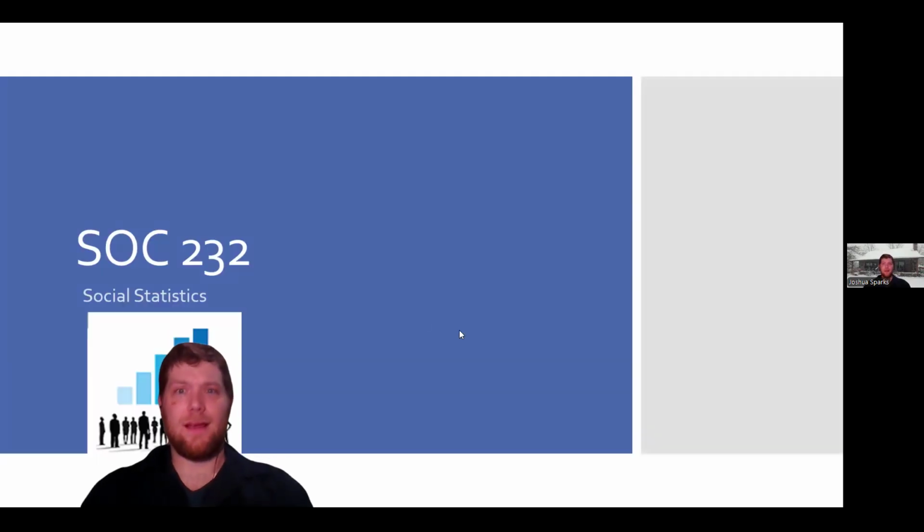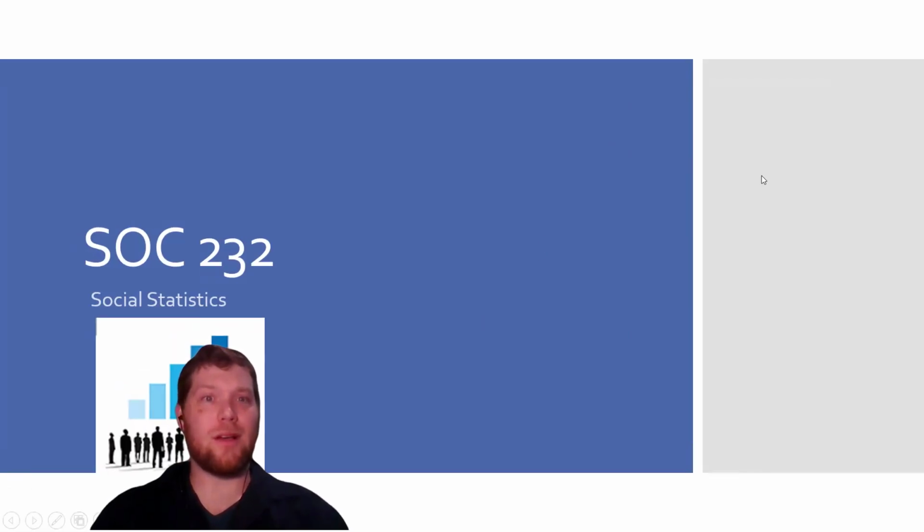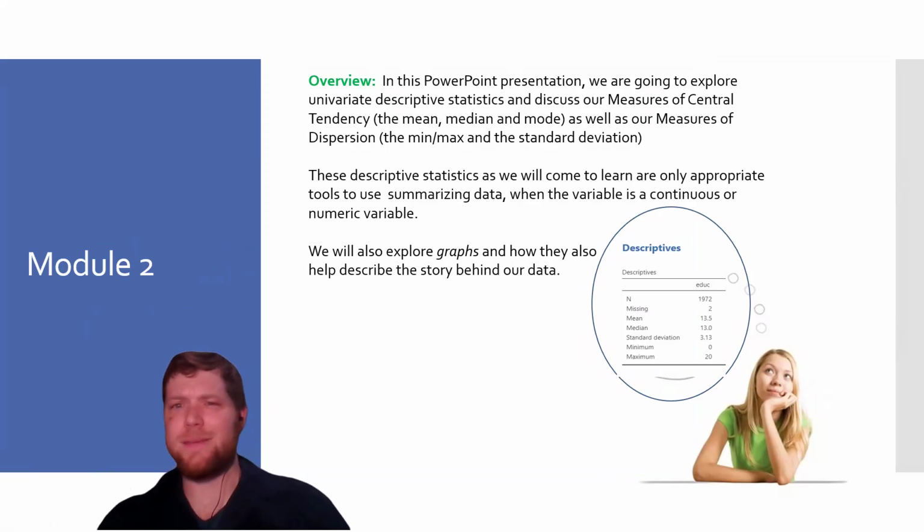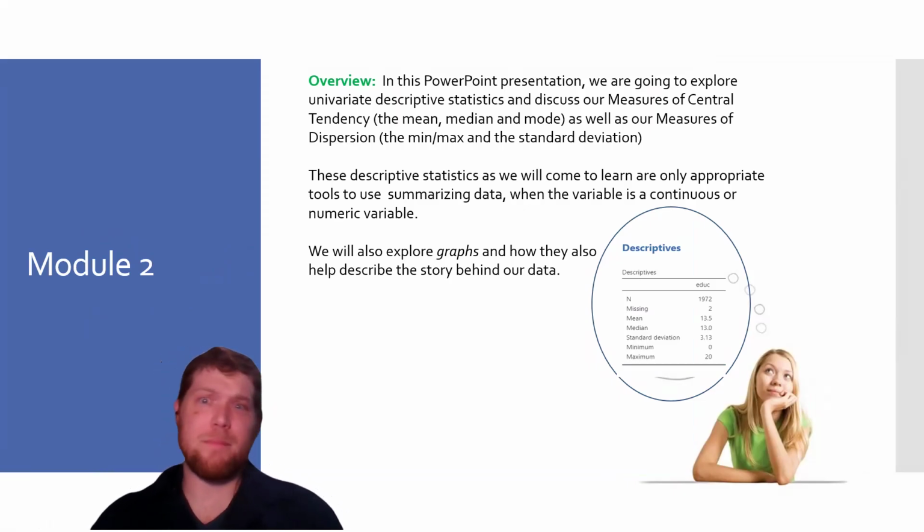So, as we dig into our social statistics structure and everything that goes alongside it, we're going to look into what we call measures of central tendency, so the mean, median, and mode, as well as our measures of dispersion, the minimum, maximum, and the standard deviation.